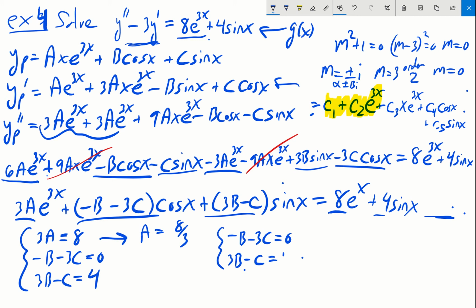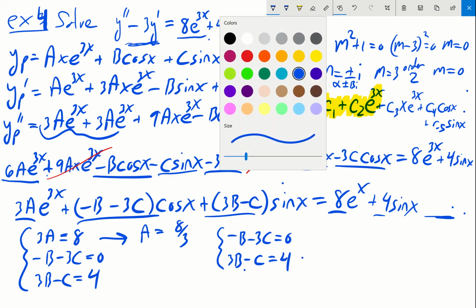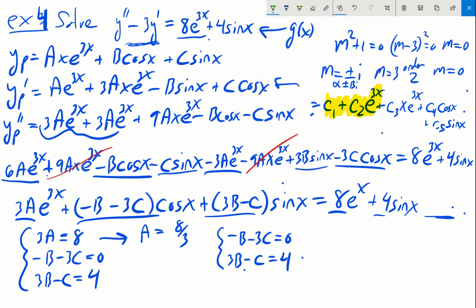And the elimination method works pretty nice here. We can go ahead and, let's say, multiply the first equation by 3. That would give us a negative 3B minus 9C. 0 times 3 is 0. And then we have 3B minus C equal to 4.